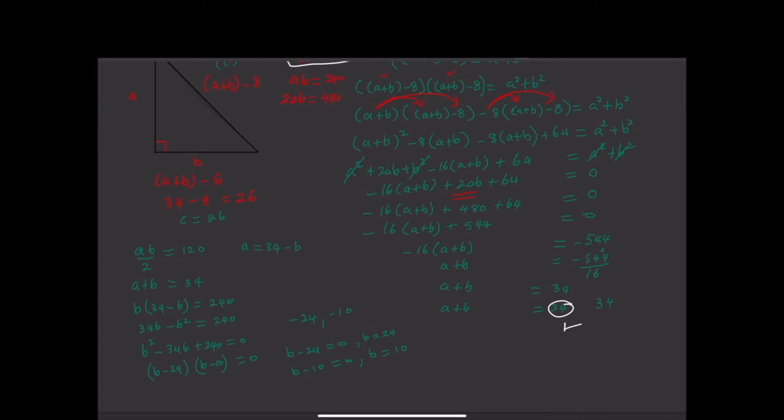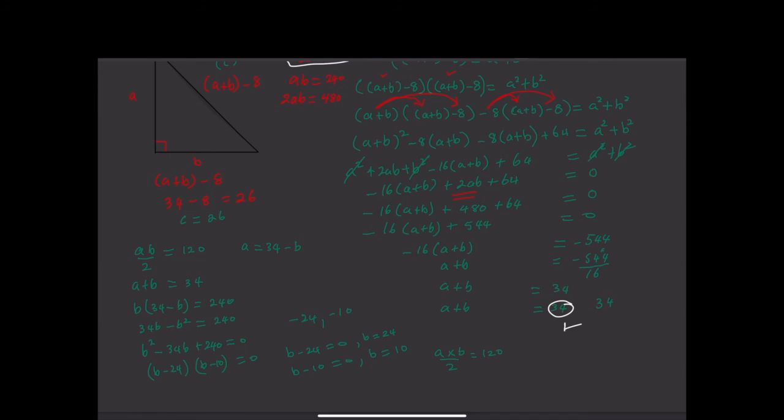So now I have to check which values for a and b multiply together to give me 240, and when I add them together and subtract 8 would give me 26. A times b divided by 2 equals 120.